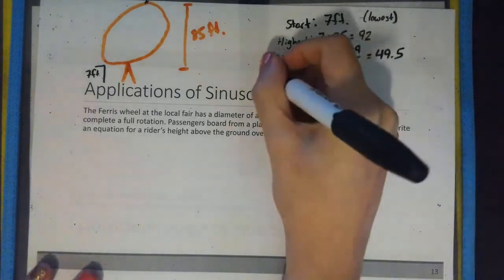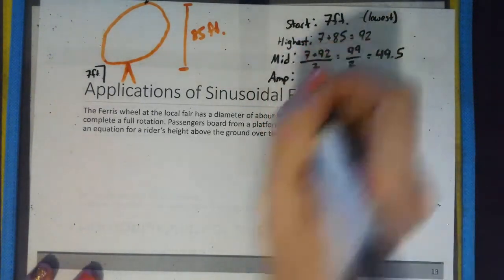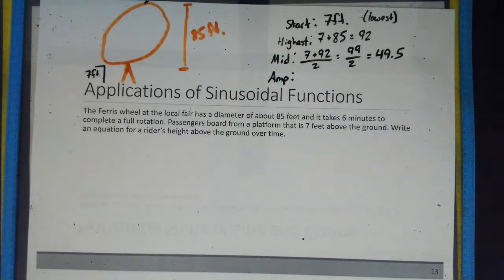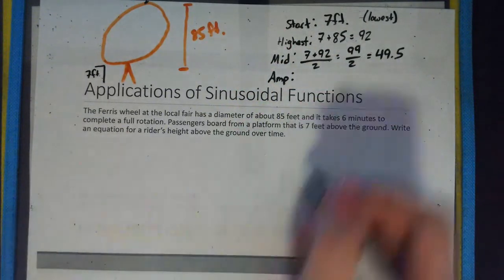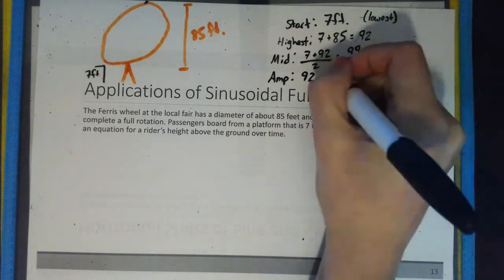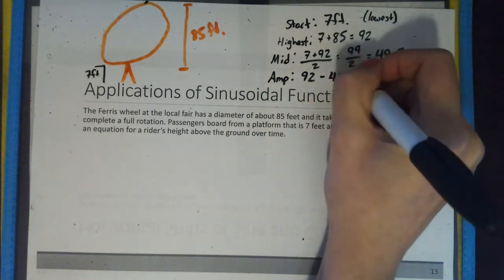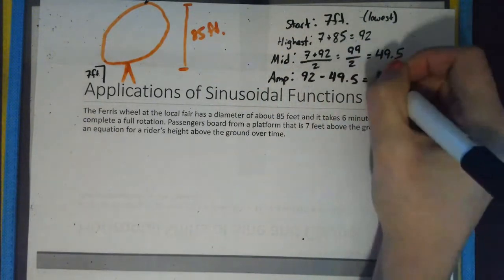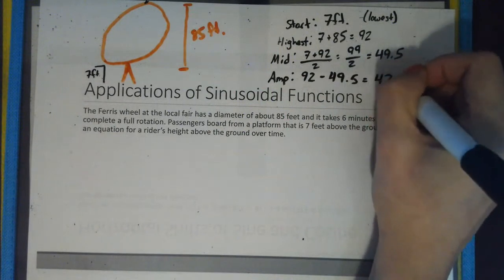Our amplitude is the distance from the midline to the highest point. So if I take my highest point, 92, and subtract my midline of 49.5, then we get that our amplitude is 42.5.